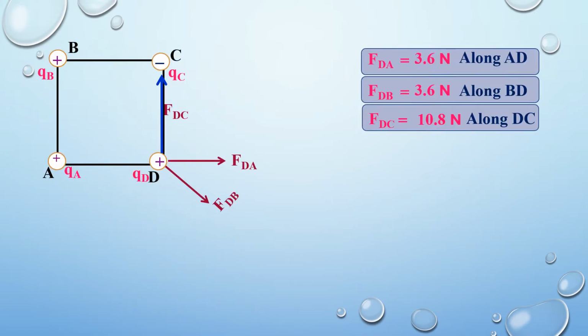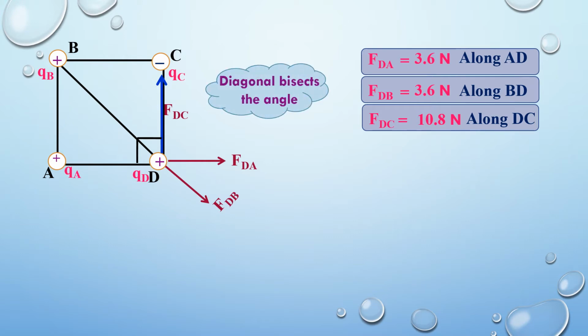Now, since we have all these three forces which are acting in three different directions, we know that the angle between these two forces, I can easily say, is a diagonal which is bisecting this angle over here.